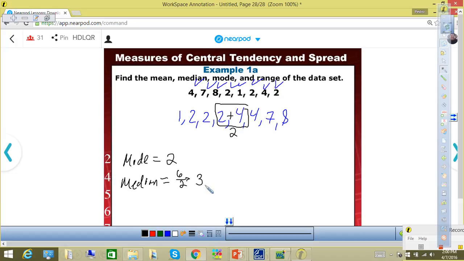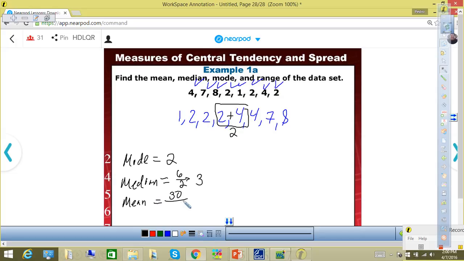How are we doing? Okay. From there, the third one is the mean. So, to find the mean, what do we do, everyone? Add them all and divide by how many? 8. So let's see. 8 plus 7, that's 15. Plus 4, that's 19. Plus 4, that's 23. Plus 2, that's 25. And 2, 27, 29, 30.